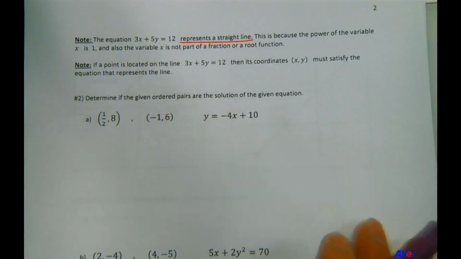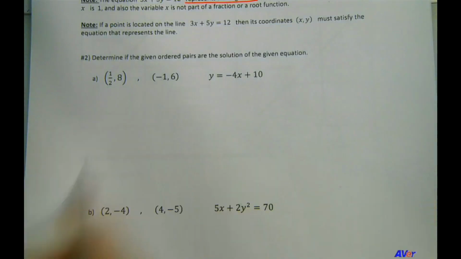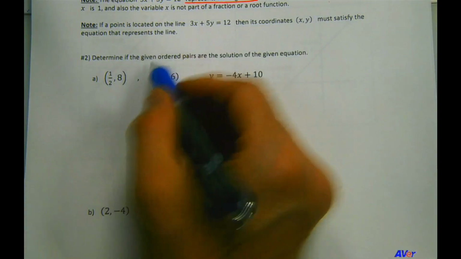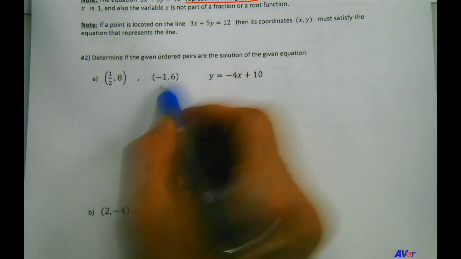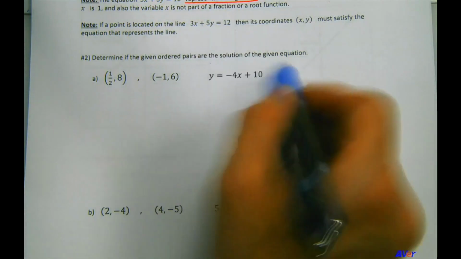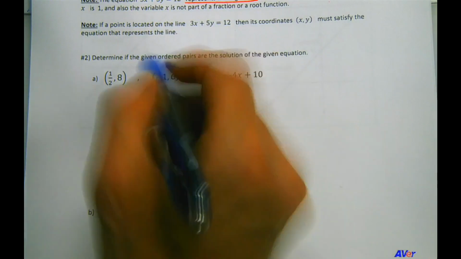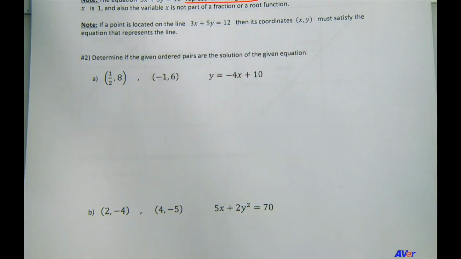So to follow that, we have these examples. We want to determine if the given ordered pairs are solutions of the given equation. That means if they're on this line.